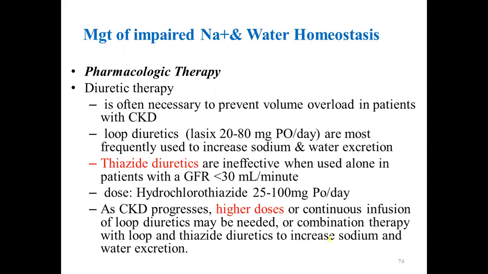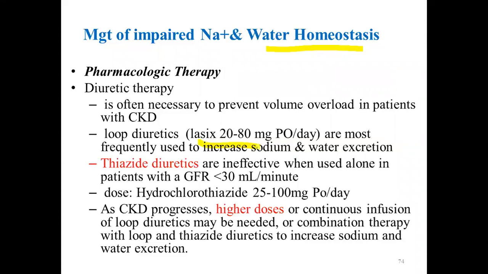So in case of severe edema in CKD patients, loop diuretics are a drug of choice, and mostly we use Lasix ranging from 20 to 80 milligrams daily, which are the frequently used doses to relieve edema in this patient population.